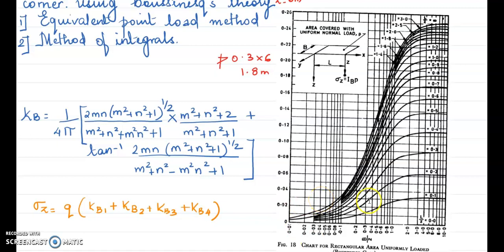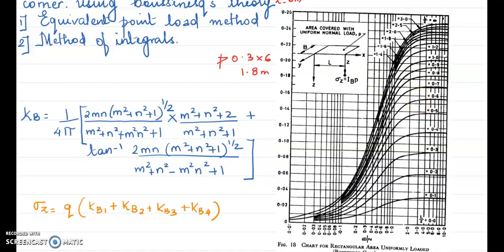Okay. Now, what does this chart give you? Look at the x-axis and look at the y-axis. X-axis is B by Z. And y-axis is giving you the Boussinesq influence factor, which they have written as IB. Can you see this?